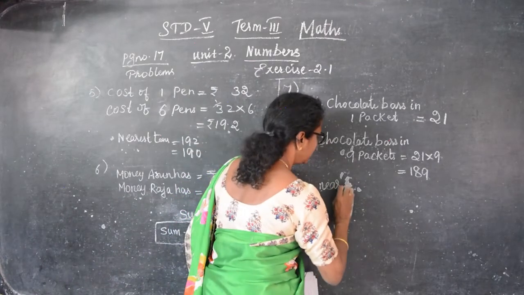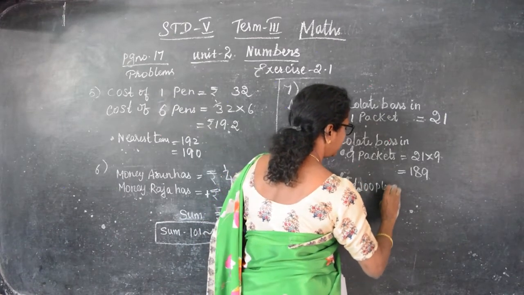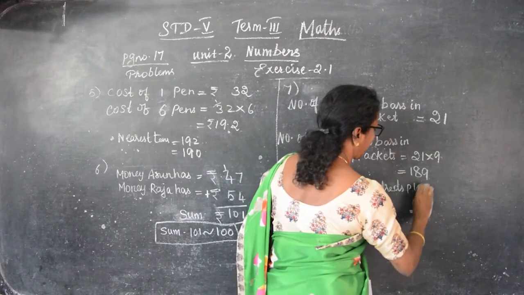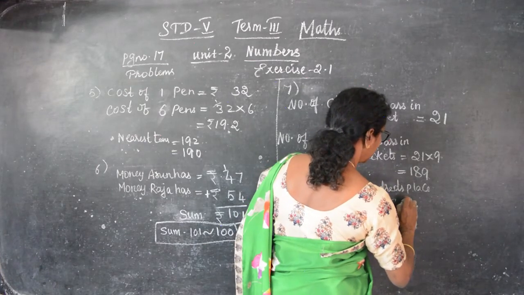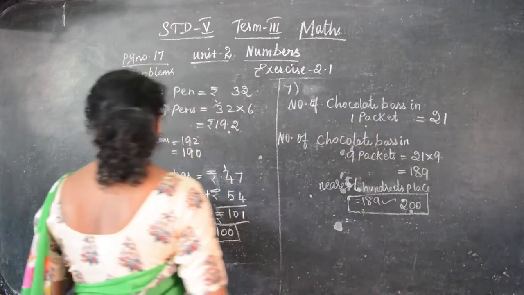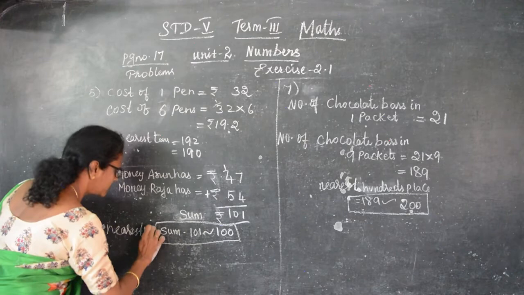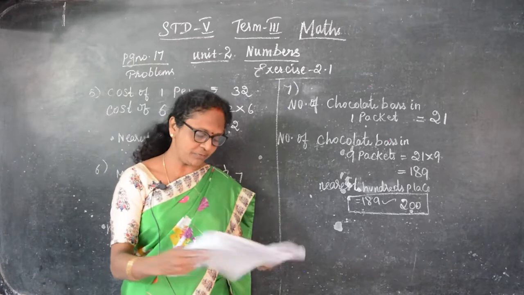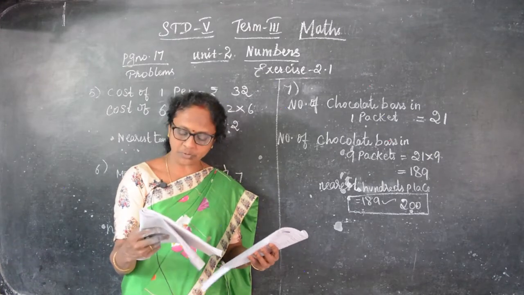So nearest hundreds place is equal to 189, that is 200. Okay, this is the answer. Nearest hundreds place. This is also nearest 100. And then 8th sum, 132 peanut candies shared equally with 12 students. Find the share for one student and estimate to the nearest tens place.